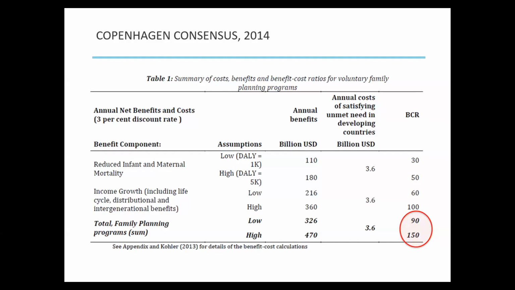And when we look at the ranges here, you get a range between 90 billion and 150 billion in annual benefits, and in the middle of that is our $120 per dollar invested. So it's a very different approach. It looks at a short-term and a long-term gain, and it takes a similar approach in costing the intervention, but a different approach in looking at the benefits. Okay, next slide, please.